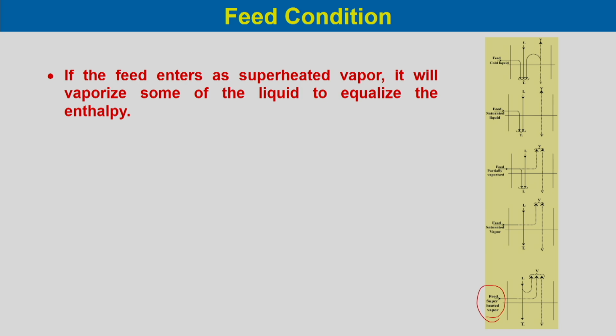So, what will happen? Because it is vapor and also at a very high temperature, the liquid which is coming down will also be partly vaporized, and it will add to the vapor flow coming from the tray below.